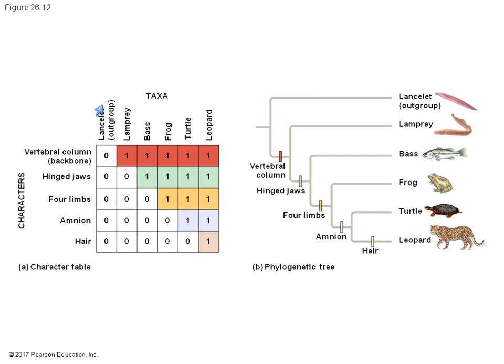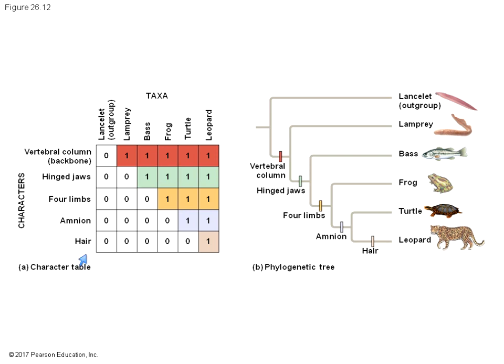In our organisms, the lancelet, which is going to be considered an outgroup, and we'll define that here in a few minutes, does not have a vertebral column. But everything else that we will look at does.